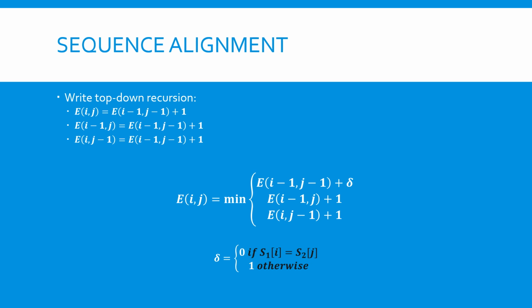To handle this, we introduce a variable delta to adjust the added cost depending on whether S1[i] is the same as S2[j]. Specifically, if S1[i] and S2[j] are the same, delta will be 0, meaning no edit is required. On the other hand, if S1[i] and S2[j] are different, delta will be 1, indicating that a mutation is needed.